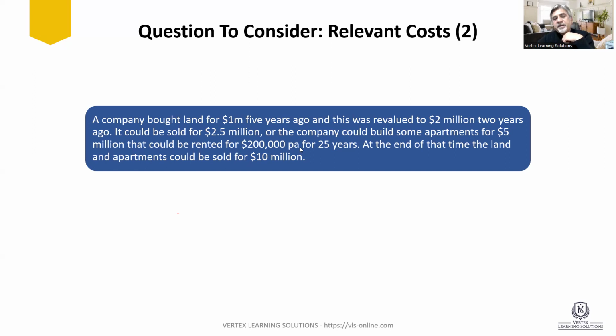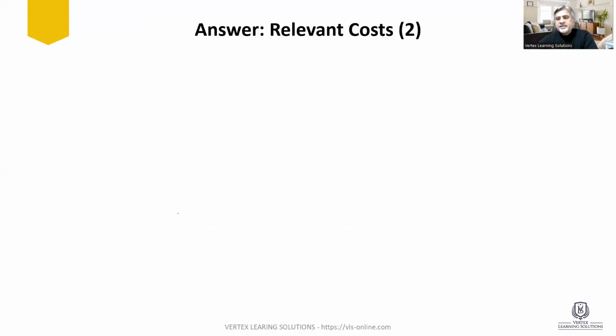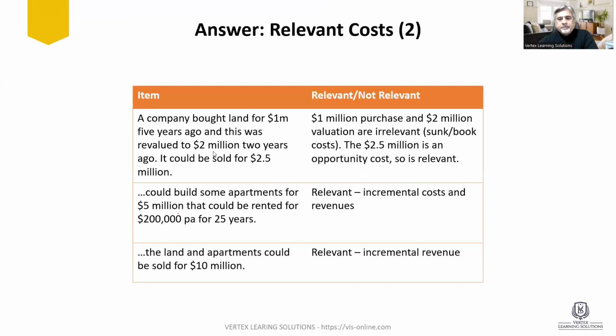$5 million is relevant because that is going to be expense construction. Rent 200,000 per annum is relevant, and the 10 million residue, I mean the disposal value after 25 years, is also relevant. So we make it like this. You would say that 2.5 million is an opportunity cost.